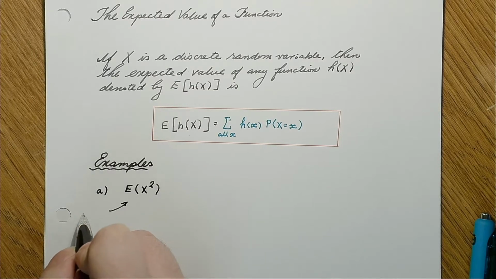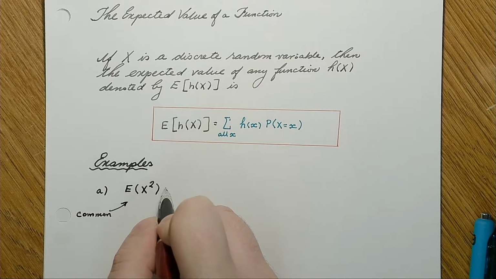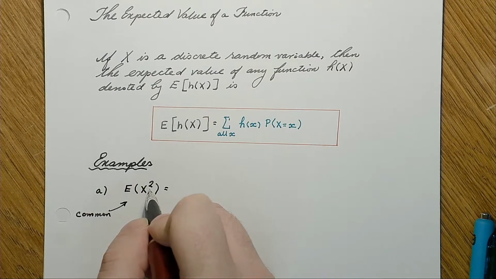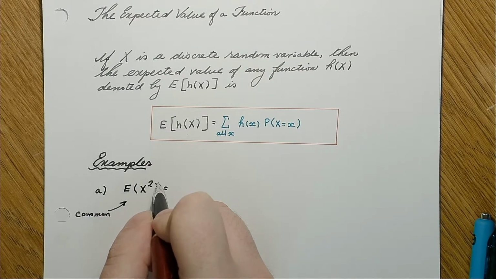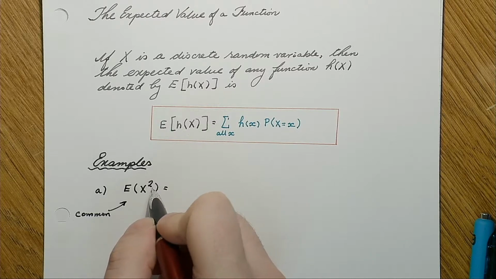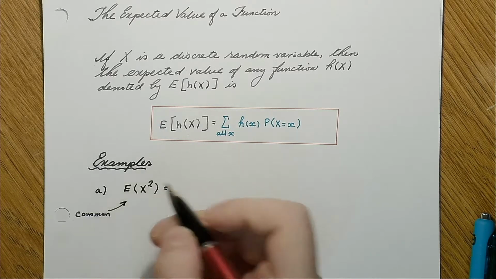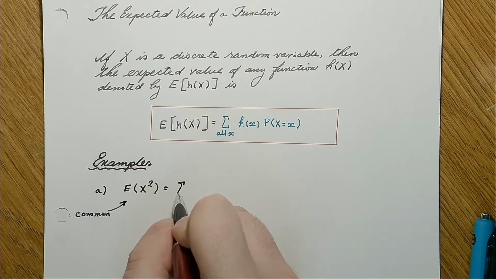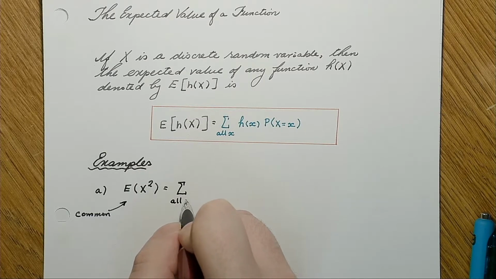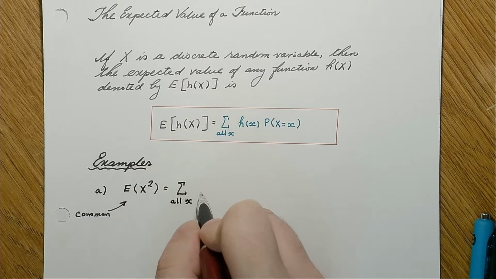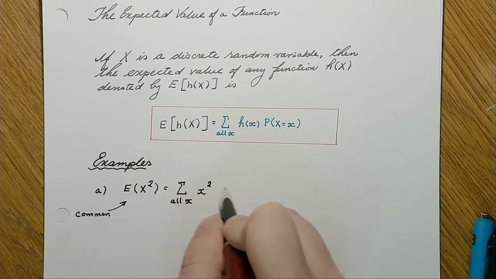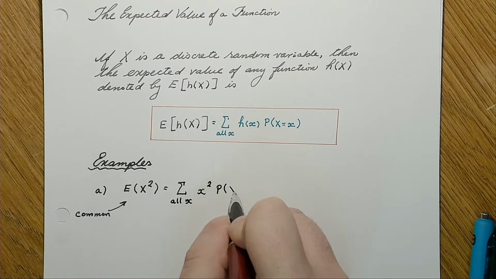So this is quite common. And for this, what we have is it's x and it's squared. So that's what our function h is in this case. It's the squared function. So in this, it's all the values of x. And we have our function, which is x squared. So it's x squared times its associated probability.